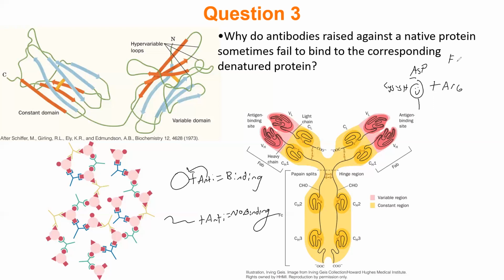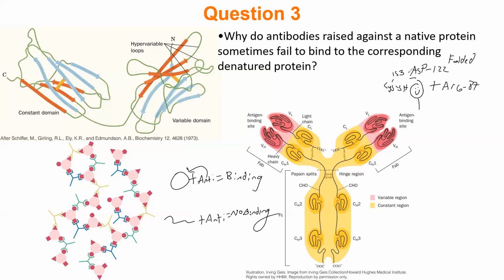However, this is the folded protein. And let's say arginine is residue 87, aspartic acid is residue 122, and cysteine is residue 153, which happens in a folded protein all the time. You can bring amino acids that in the primary structure are far away from each other.